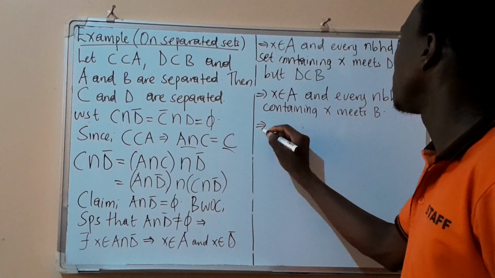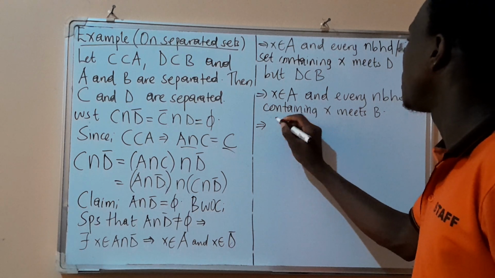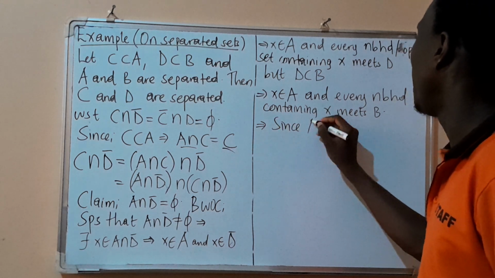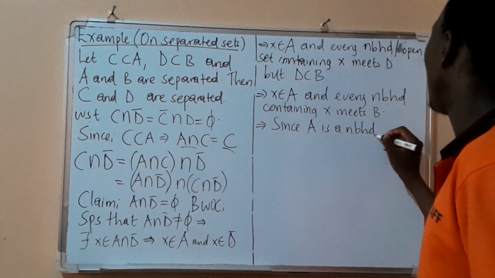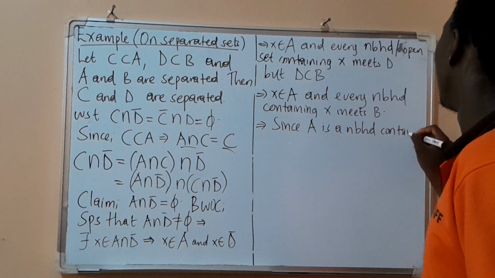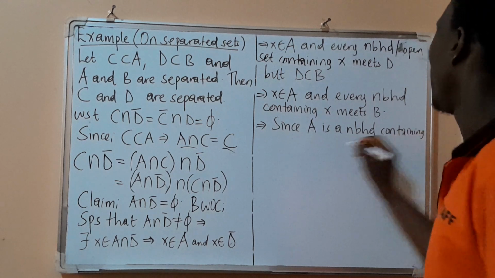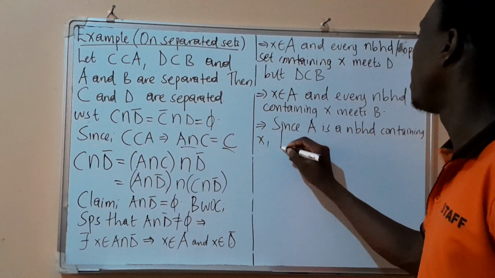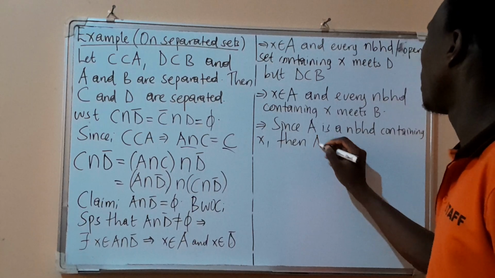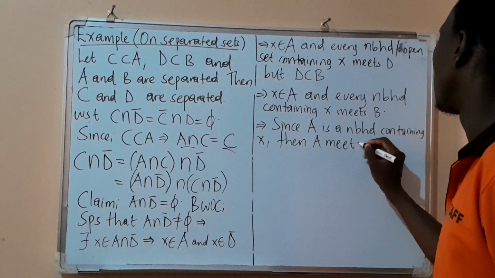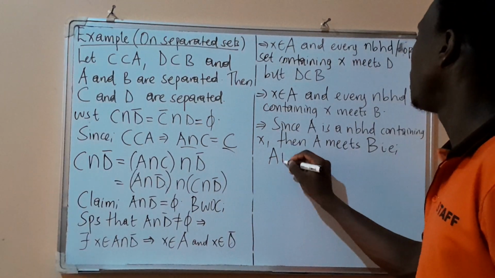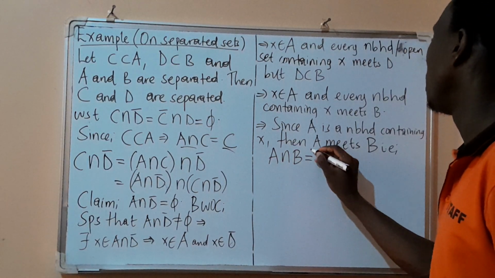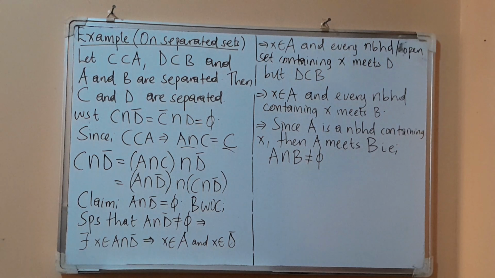So this implies that since A is a neighborhood containing X, then A meets B, i.e. A intersection B is non-empty. Since A and B meet, their intersection has an element.